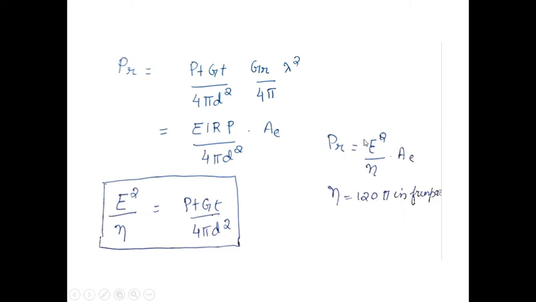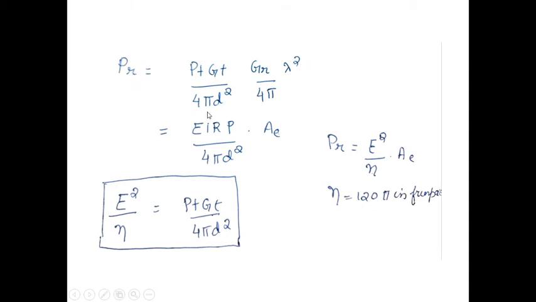So the received power can be written as E square by eta times AE, where AE is the effective aperture of the antenna and eta is the free space impedance, that is 120 pi in free space.